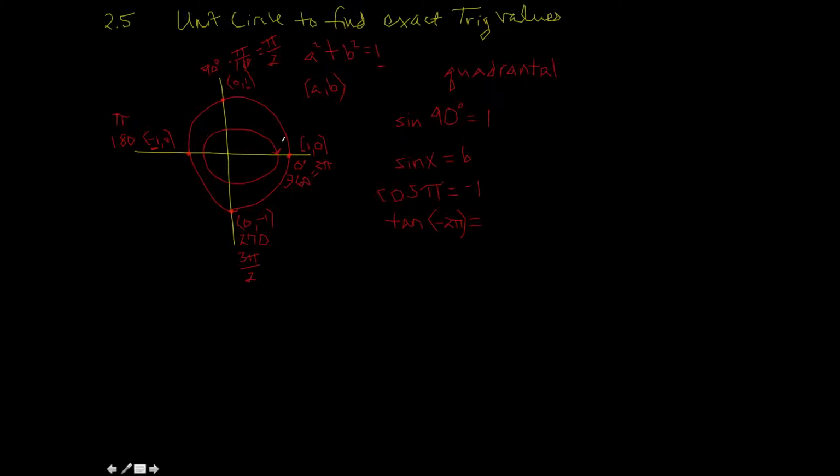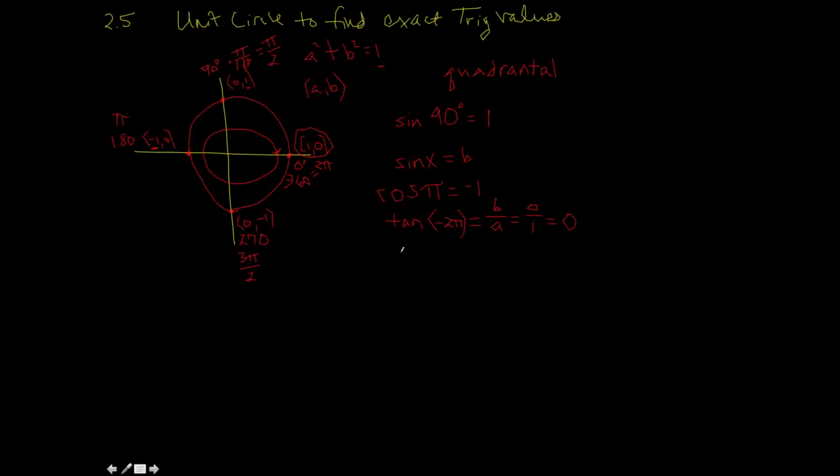So basically, we're exactly where we started. The point we're going to use to make this call would be this one right here, 1, 0. Now remember what tangent is. Tangent would be b over a. So in this case, this is going to be 0 over 1, which is 0. So the tangent of negative 2 pi is 0.